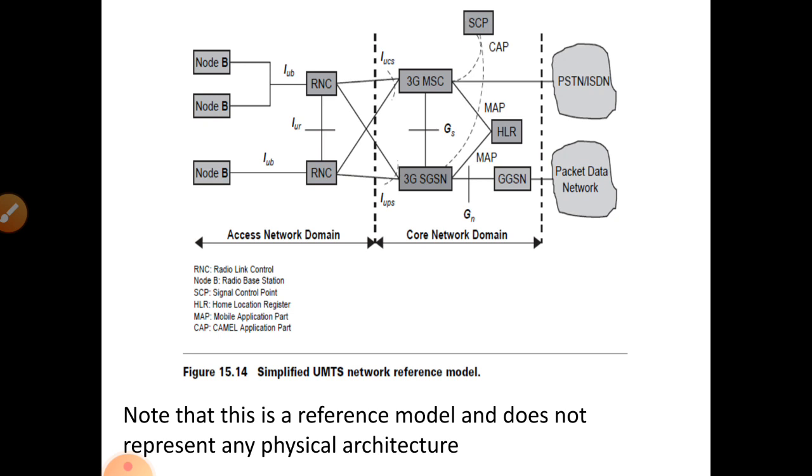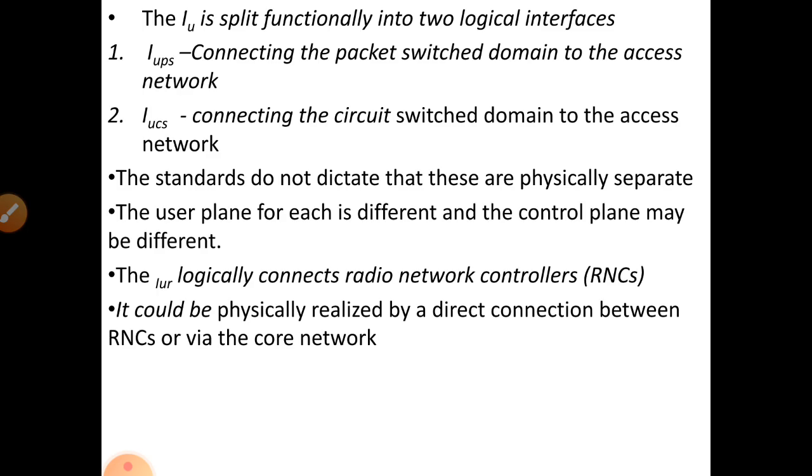In core network domain, we are going for several types of nodes, nothing but 3G MSC, 3G SGSN, GGSN. MAP stands for Mobile Application Part, HLR Home Location Register, SCP, PSTN, that is Public Switched Telephone Network, or ISDN, Packet Data Network, etc. So this diagram just implies only the reference model, not the physical architecture.